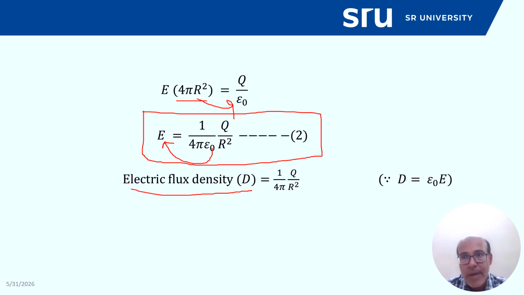You have seen that with Coulomb's law, you get the force of attraction or repulsion between two charges. Once you get the expression for force, then you will get the expression for E as F by Q. E is equal to F by Q. So we need to know the force between the two charges, and the limitation of Coulomb's law is that it is valid only for point static charges.